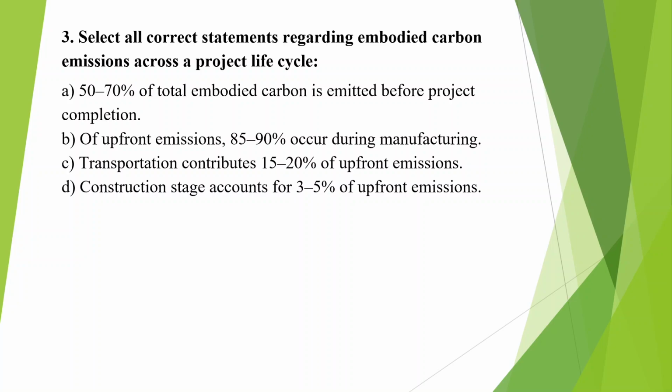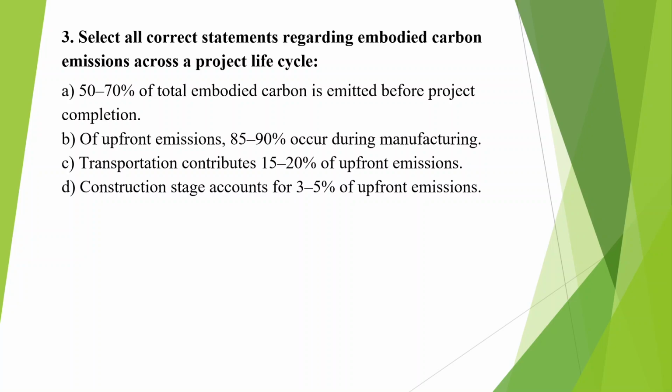And the third one, mentioned in option D, that construction stays for 3 to 5% of the upfront emissions, is also correct. But what is mentioned in option C, that transportation contributes 15 to 20% of the upfront emissions, is not correct.